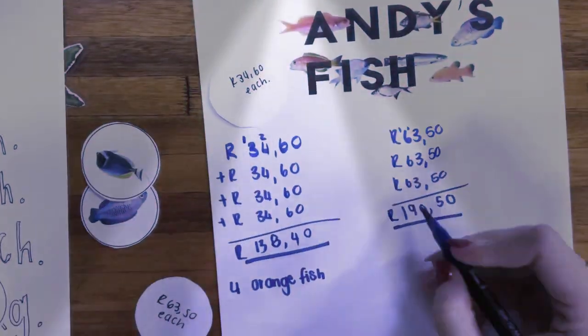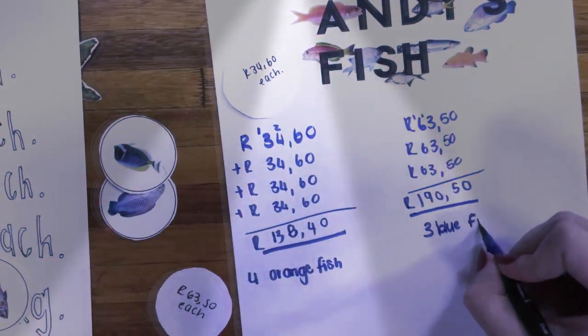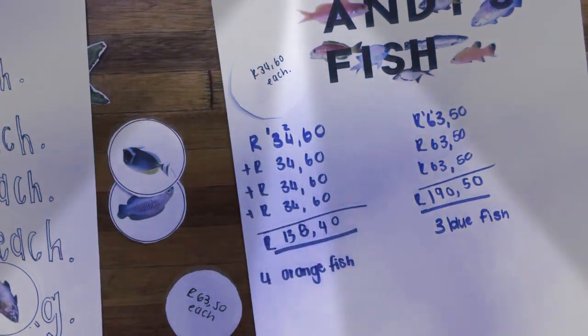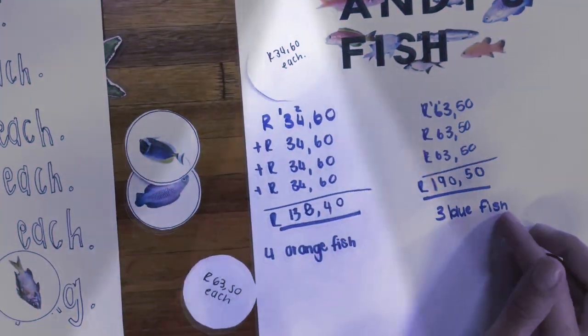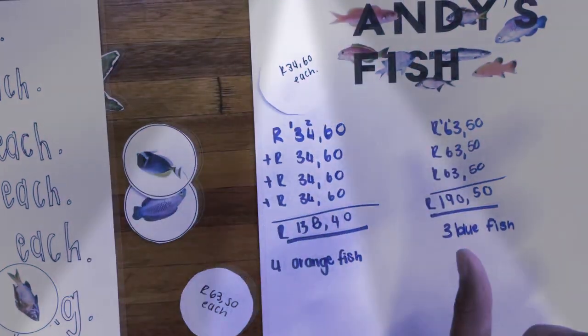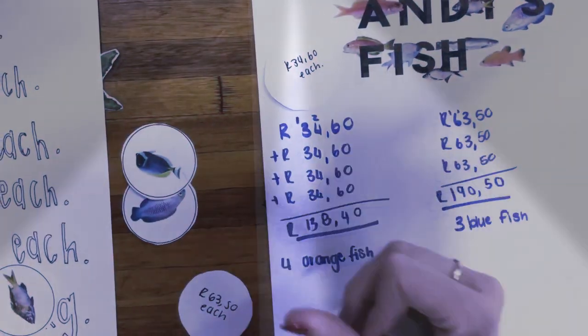So for 3 blue fishes, well done. So you added up all the orange fish and you added up all the blue fish. And now can you please add the two sum totals to tell us how many the 7 fish will cost in total?